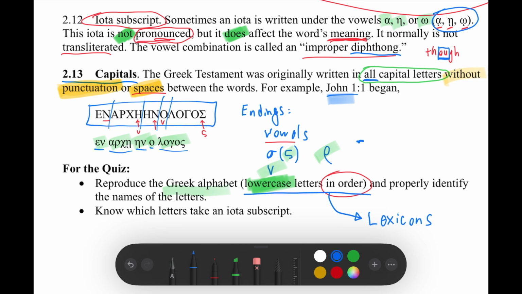And then also be able to identify the names of the letters. If we're not able to identify the names of the letters, we won't be able to talk about the words. So be ready to identify the names of the letters, and then also know which letters take an iota subscript. So be able to know that alpha, eta, and omega all take iota subscripts.